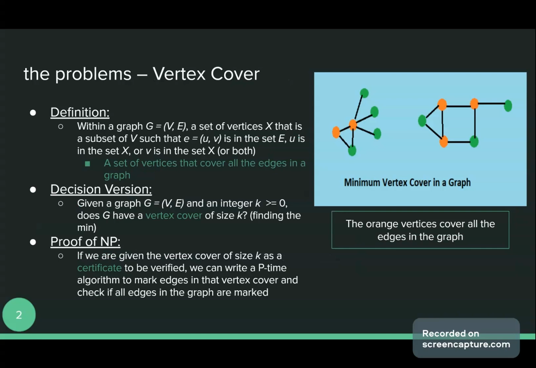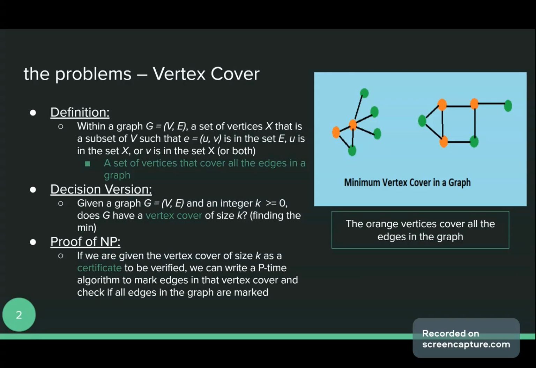This essentially boils down to the definition of a set of vertices that covers all the edges in a graph. We can see on the right side in the image, the orange vertices cover all the edges in the graph because all of the edges include at least one of the orange vertices.